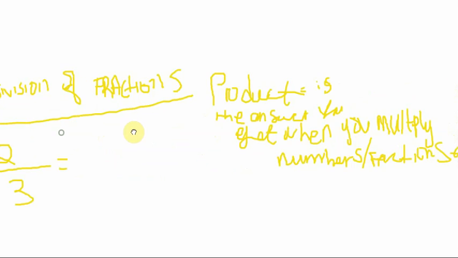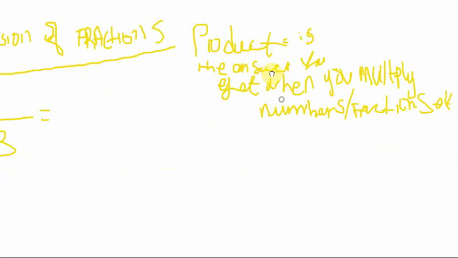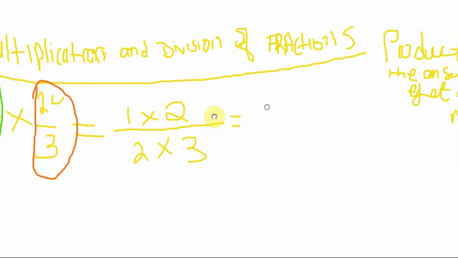When you add you get sum, when you divide you get the quotient, and the list goes on. We'll do that another time.